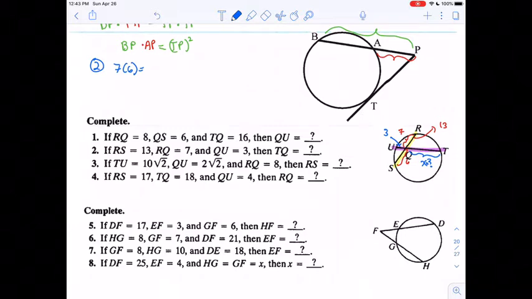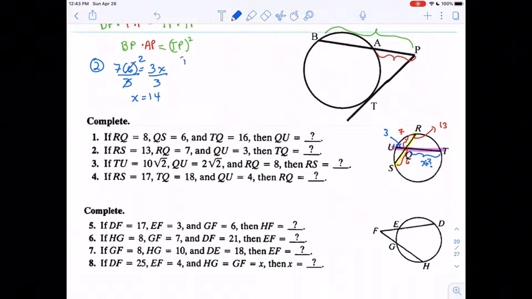Their product is 7 times 6, and that is equal to 3, the piece of TU, times X, the piece of TU that we're trying to figure out for this problem. Now if I divide by 3, I can reduce the 3 and the 6 by 2. So X equals 14 is my answer.